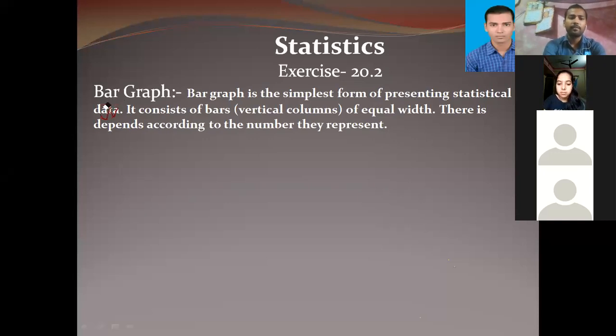Today we are going to discuss bar graph only. So this is the simplest form used to represent statistical data.